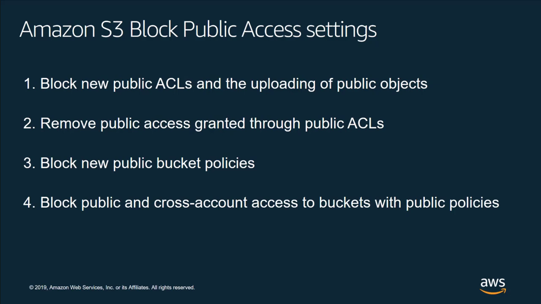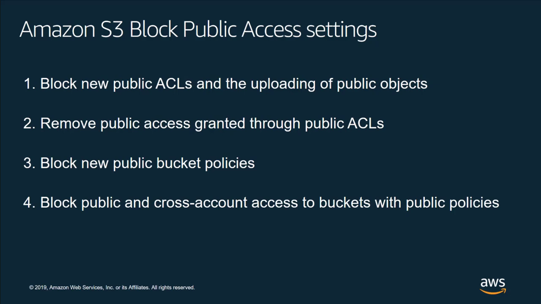So if you turn block public access off, those ACLs will still be in place and those bucket policies will still be in place. Block public access is yet another level of ensuring, because S3 buckets are private by default, that those buckets stay private and cannot be misconfigured. Continuing on, the third one is to block any new public policies from being applied to your S3 buckets.